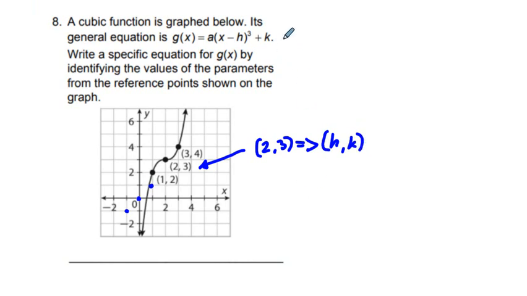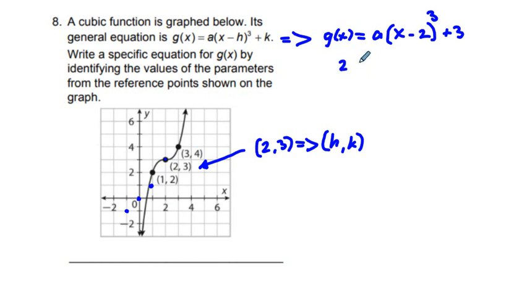So g of x is going to be equal to a times x minus 2, cubed, plus 3. So this is going to be it. Now the only question we have left is, what is a? So you can go ahead and substitute in a second point to see what it is. I'm going to use this bottom one, 1, 2.